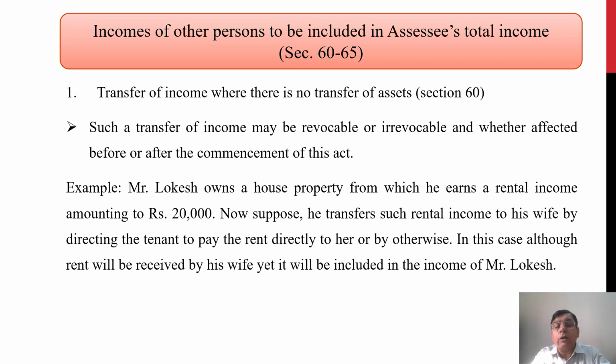In this case, according to the provisions of the Income Tax Act, the rental income transferred to Lokesh's wife will not be treated as the income of his wife; rather, it will be included into the income of Mr. Lokesh at the time of calculation of the tax liability.